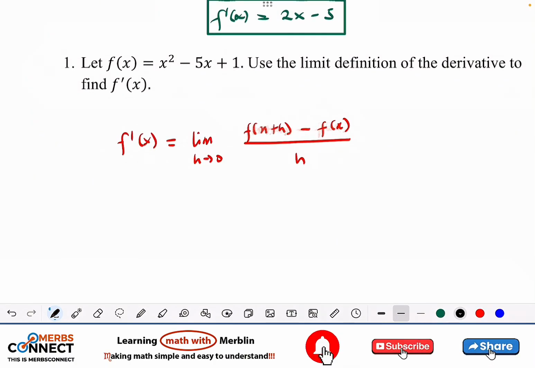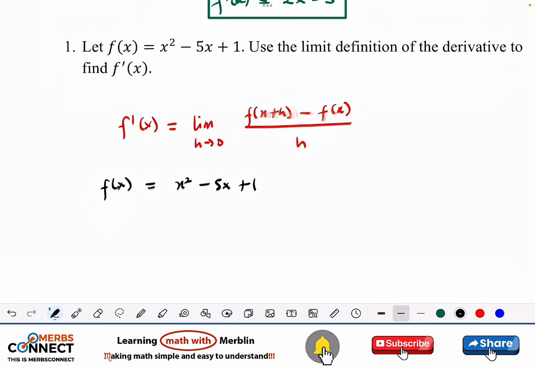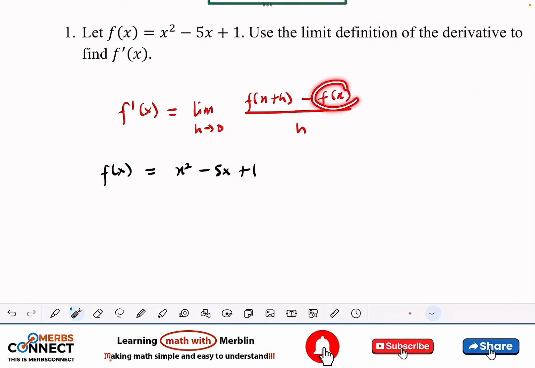So what do I need? I need f of x, but f of x is already given. So I have f of x, which is equal to x squared minus 5x plus 1. Now that I know f of x, I can use f of x to find f of x plus h.